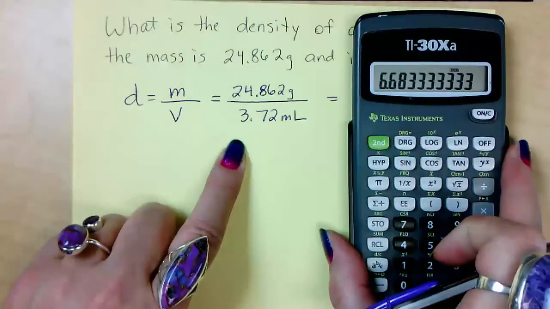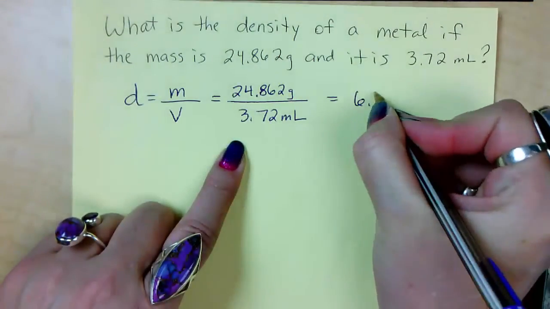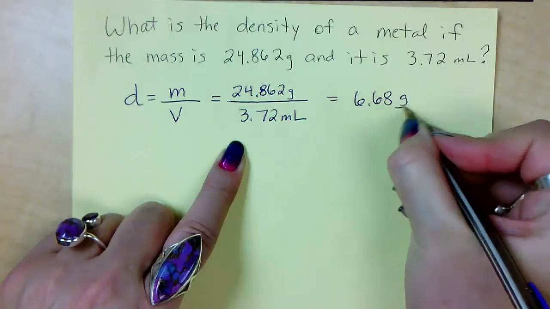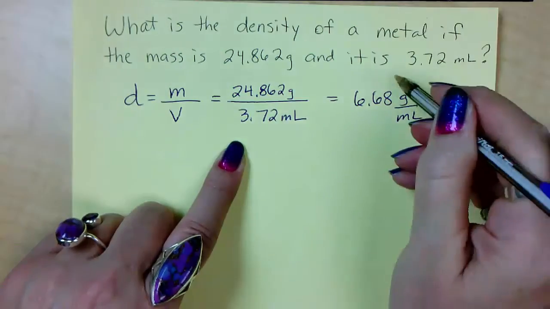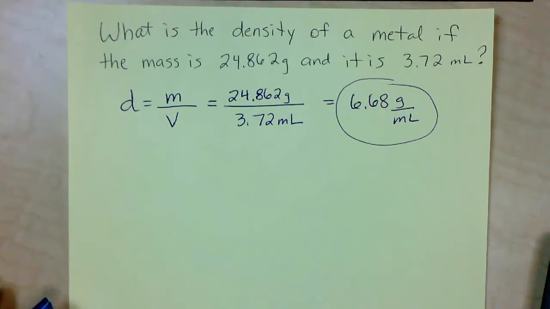So it's going to be 6.68, and the unit is grams over milliliters because nothing canceled out. So final answer, 6.68 grams per milliliter is the density. All I had to do is mass over volume. That was pretty easy. So not real worried about type 1 density problems where we calculate the density. Good job.